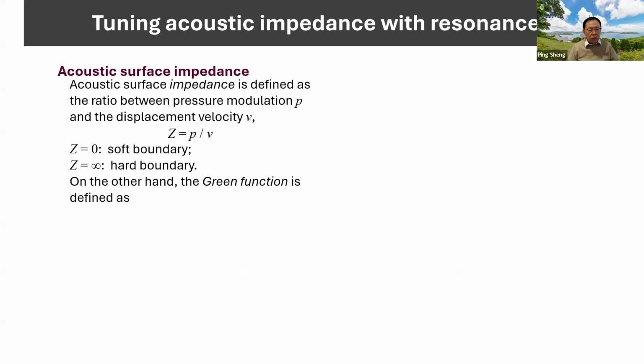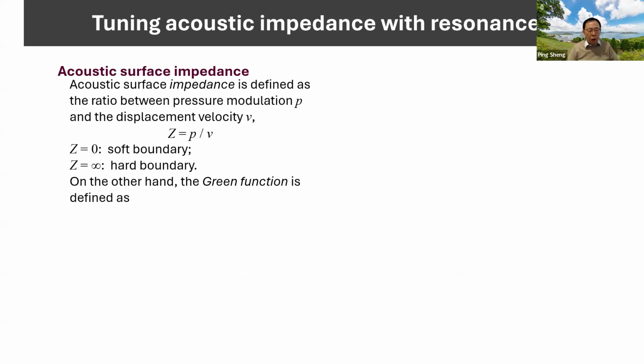So the definition of impedance, Z, is the pressure modulation. We know sound is nothing more than tiny pressure modulations, together with the displacement velocity that it generates.